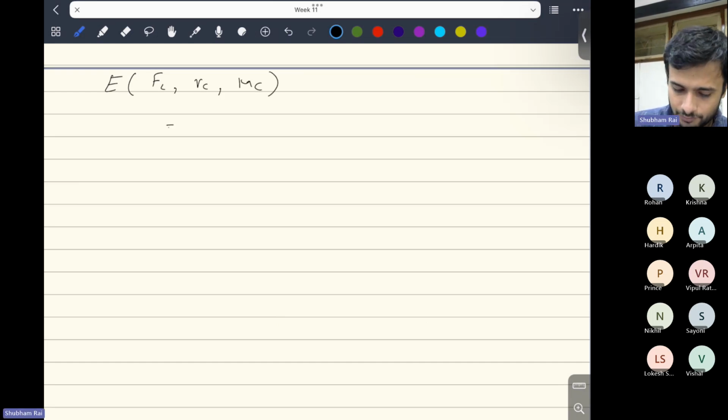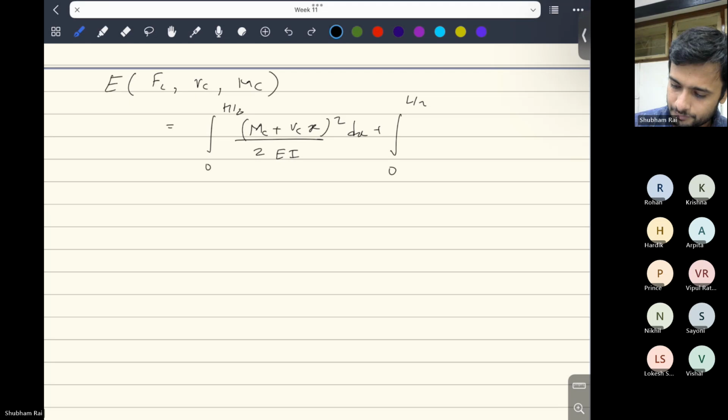In the first part, the vertical part, from 0 to H by 2, it was the integral of (MC plus VC into X) whole squared over 2EI dx, plus the second part, from 0 to L by 2, it was (MC plus VC into H by 2 plus FC into X) whole squared divided by 2EI.